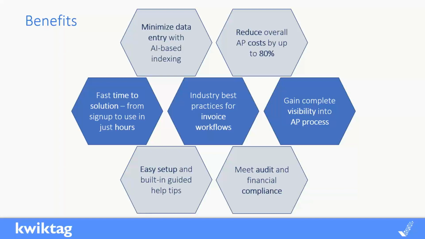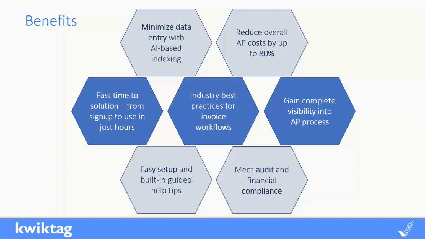And the final one there on the right, the complete visibility into your AP process. As Michael demonstrated, you have that audit trail in the history, but also if you're a BC user, you navigate to a specific invoice, you log into SimplyAP just with a click of a button, and you can have that complete audit trail at your fingertips, which also ties to one of the points on the bottom there, audit and financial compliance.